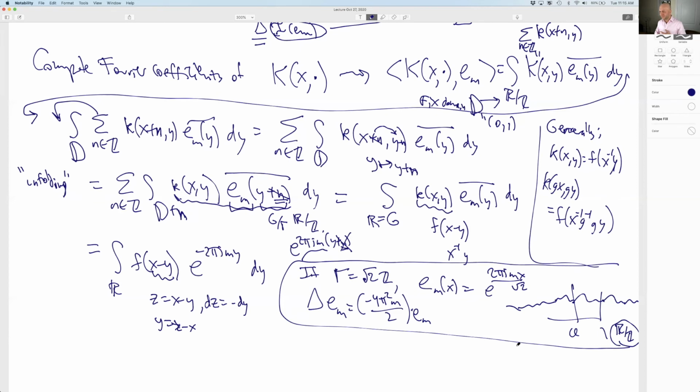Does that make sense? I think what confused me was that it seems like these e_m's form a basis for L2 of R or something like that.